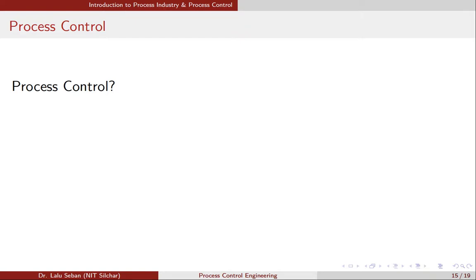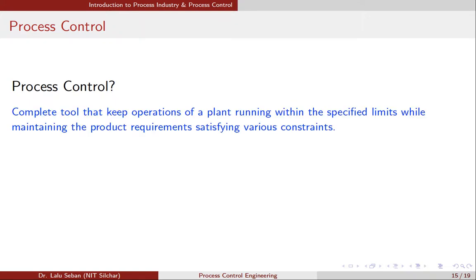Now, what is process control? Since the term control is there, you will be able to answer this question. When we have control, we know that control is all about designing the input to a system such that the output will be at a desired value. So what is process control?